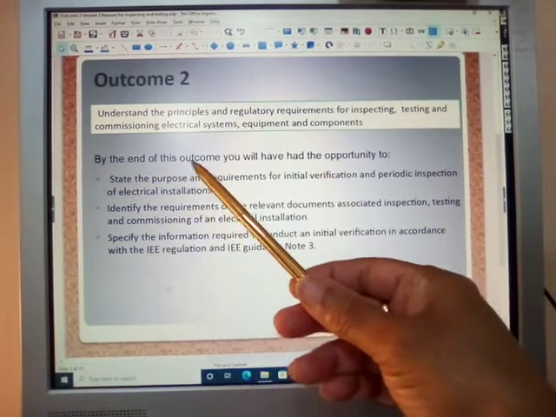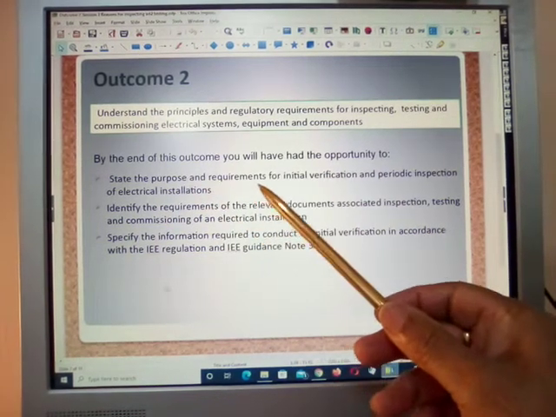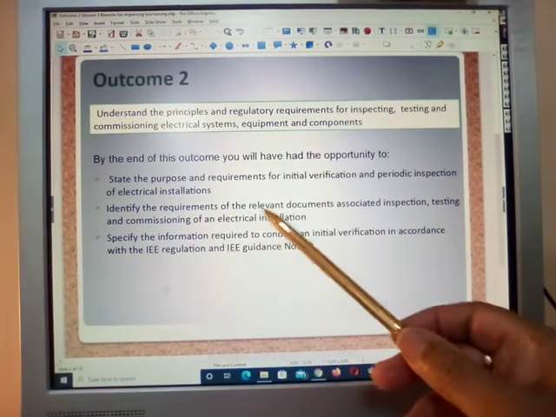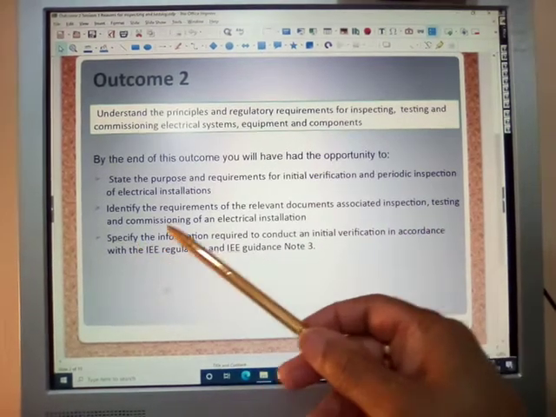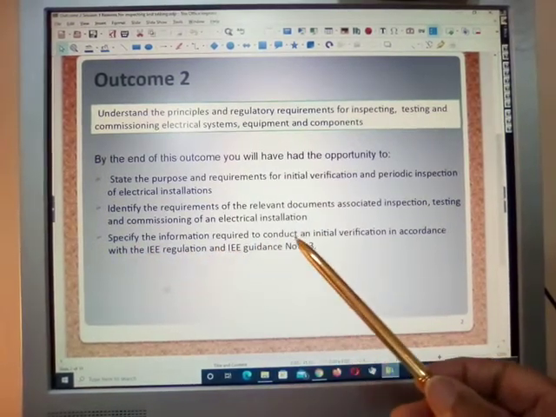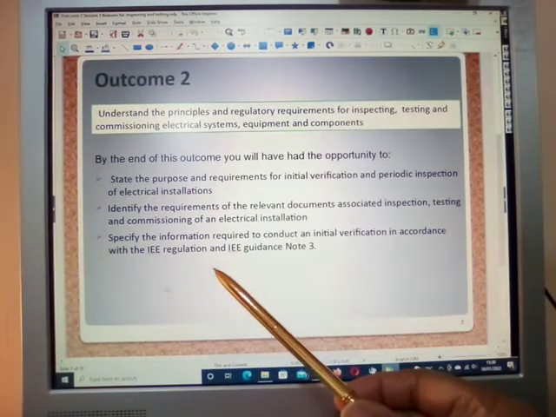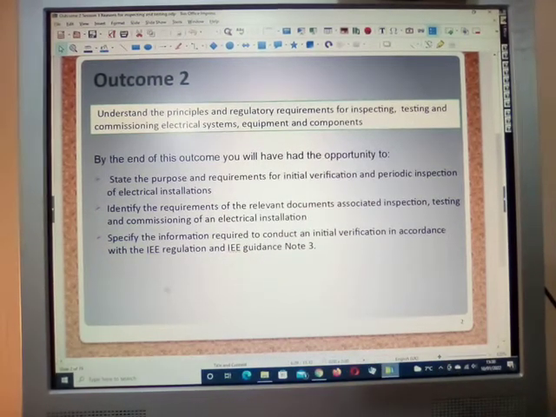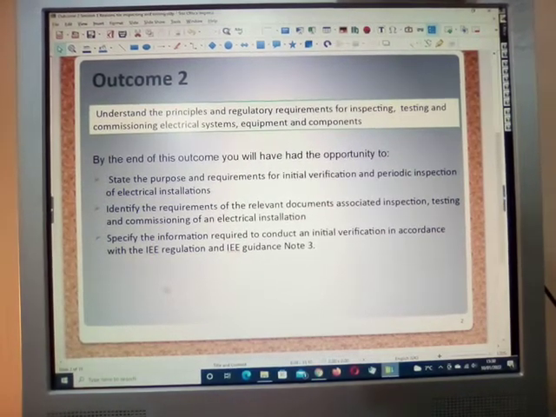By the end of this outcome, you will have had the opportunity to state the purpose and requirements for initial verifications, identify the requirements of the relevant documents associated with inspection, testing, and commissioning of an electrical installation, and specify the information required to conduct an initial verification in accordance with the IEE regulations and IEE guidance notes. Please note IEE and IET, Institute of Electrical Technology, is relevant to this in every way.